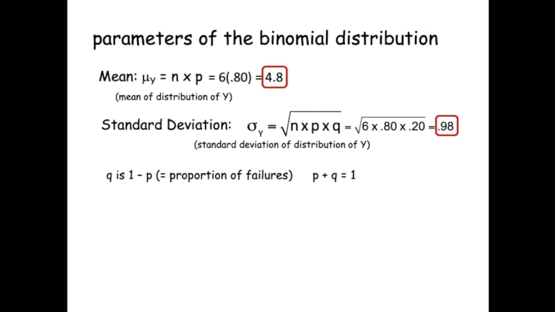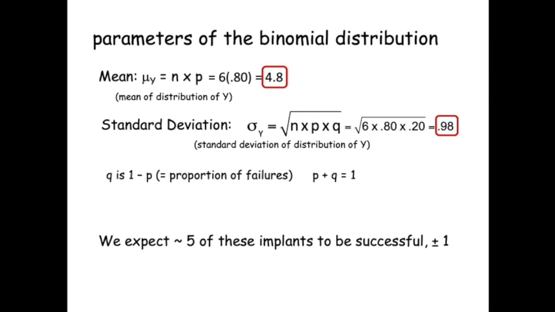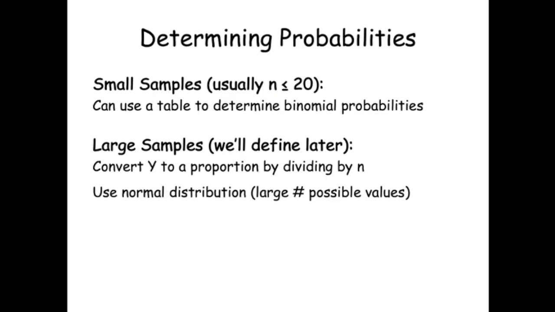For the implant example, the mean is 4.8 and the standard deviation is 0.98. We would expect about 5 of the 6 implants to be successful, give or take 1. With small samples, we use a binomial distribution table to determine probabilities. With larger samples, we convert y to a proportion and use the normal distribution.